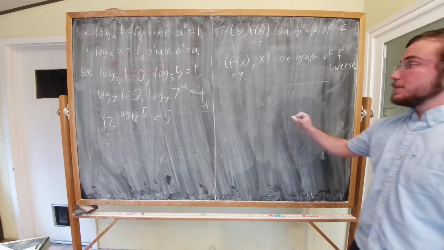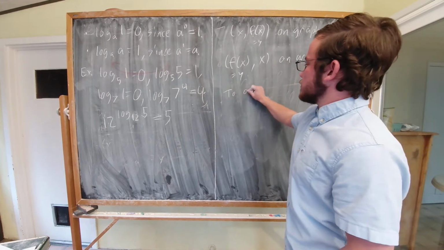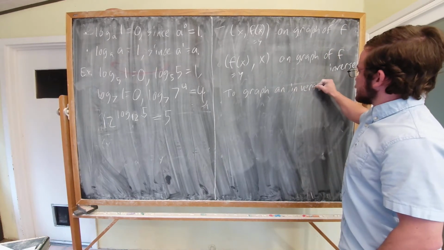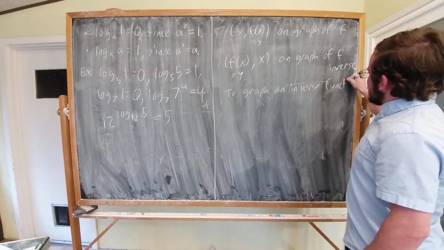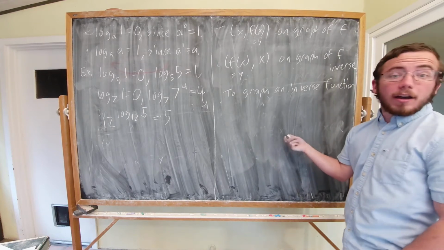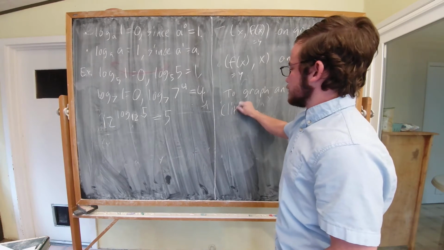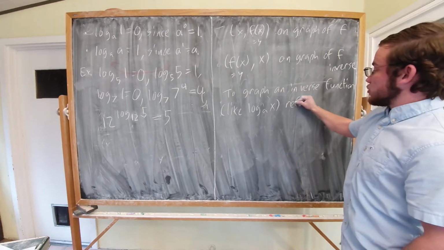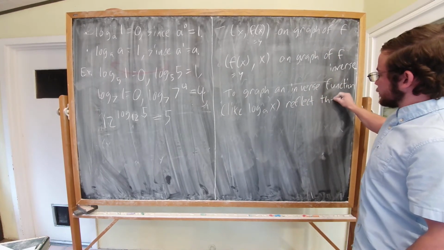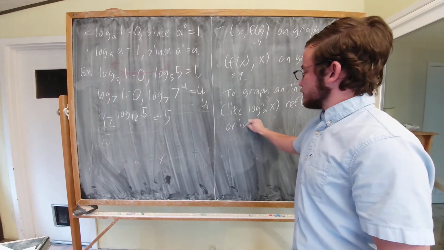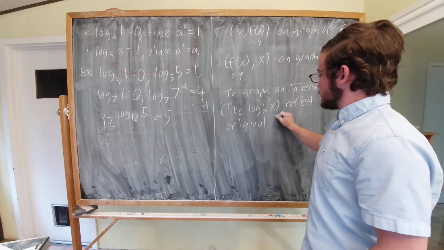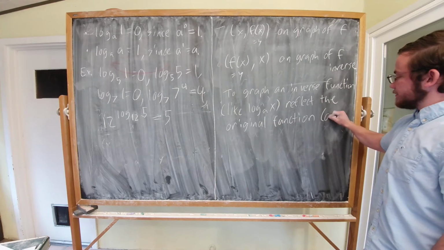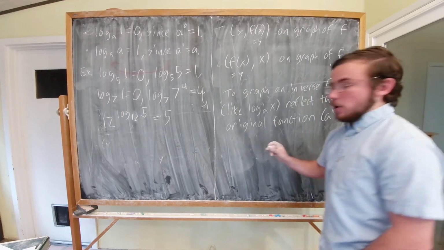Okay, what does that mean? It means to graph an inverse function, such as maybe, I don't know, log base a of x, reflect the original function, which in the case of logarithms would be a to the x, across the line y equals x.